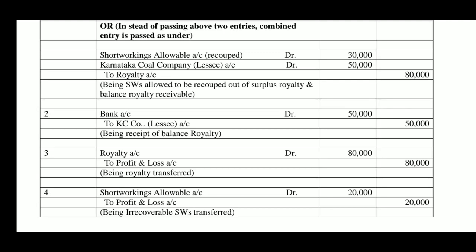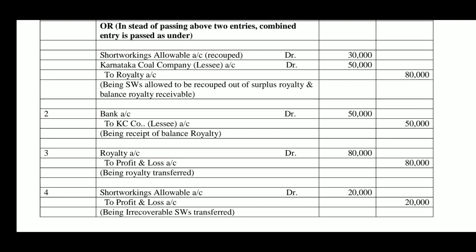Now, in the year 2018, the 5-year period expires. Of course, in this problem, information for 2019, the 6th year, is not available. Since the 5th year is over in the year 2018, the balance short workings 20,000 cannot be carried forward to 2019 for the purpose of recoupment.